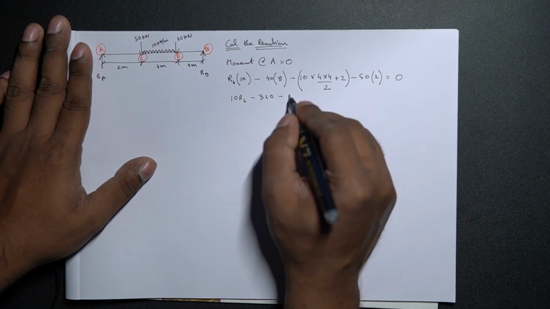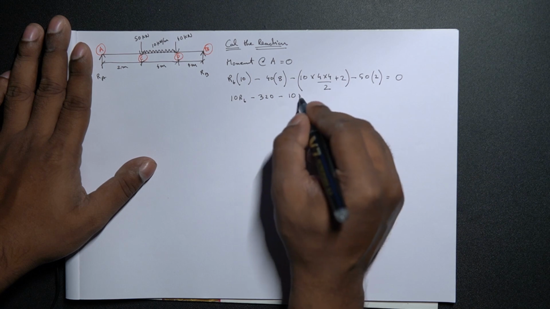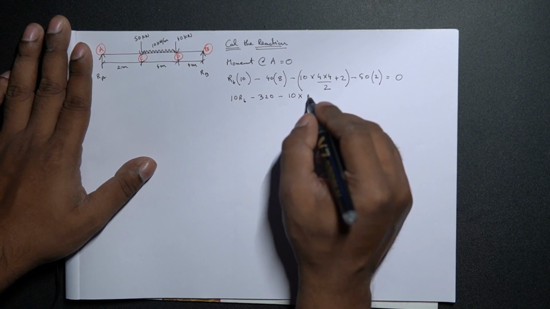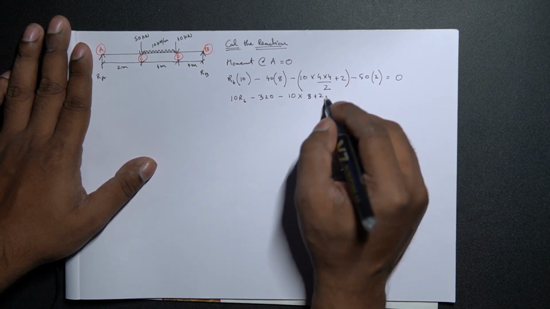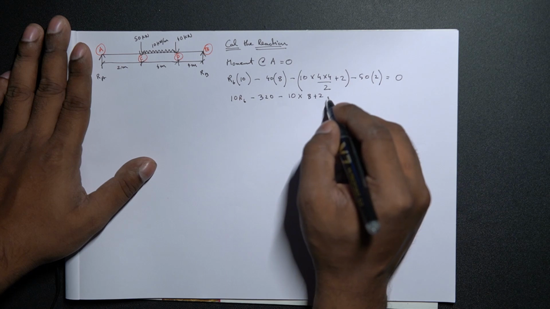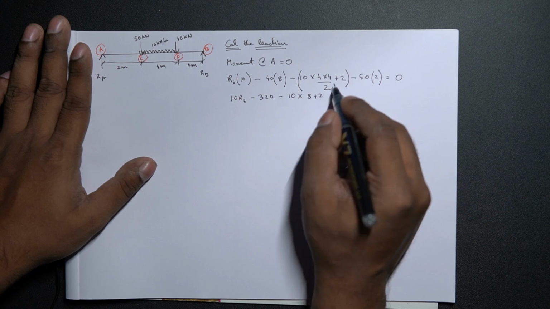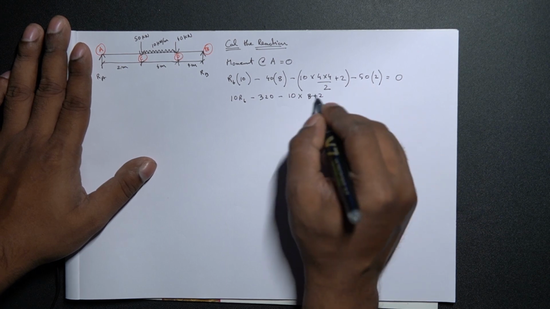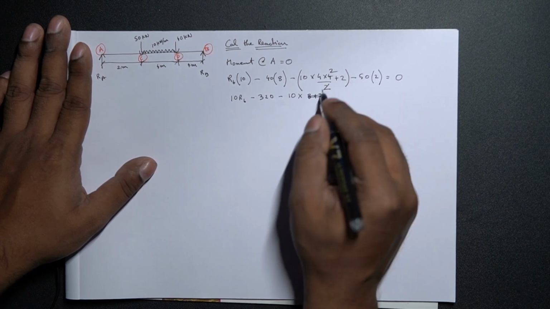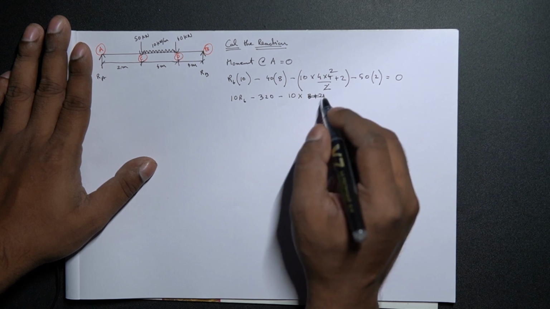So I'll just put this as 10 into 8 plus 2. Or I can just simply solve it as in here 4 into 2, 8 plus 2.